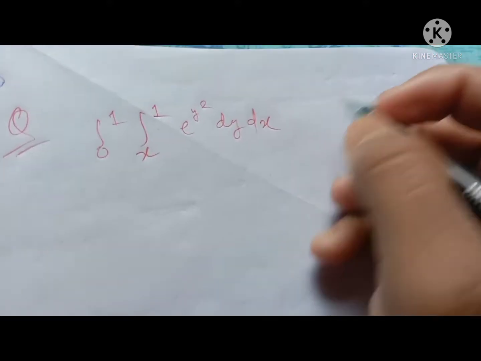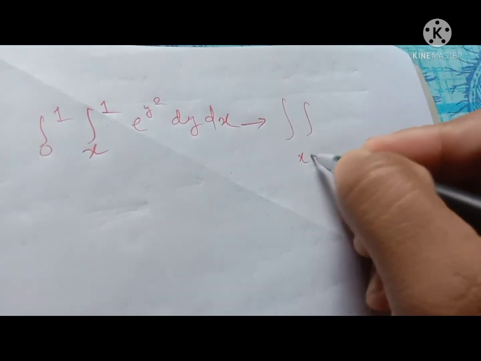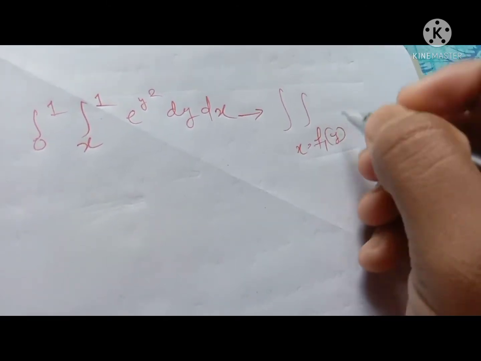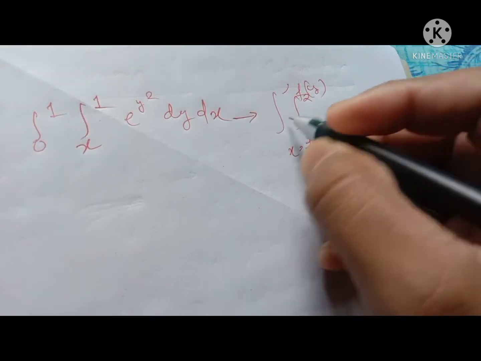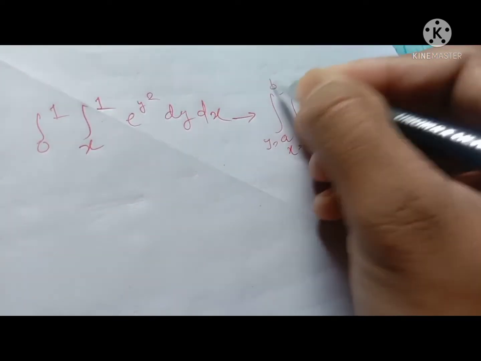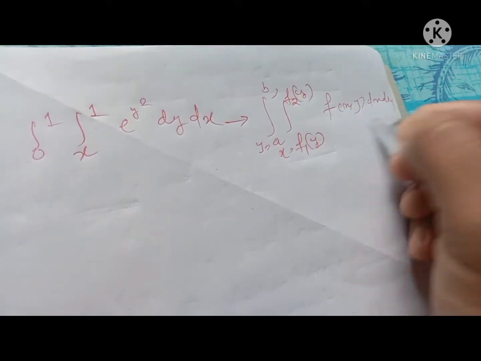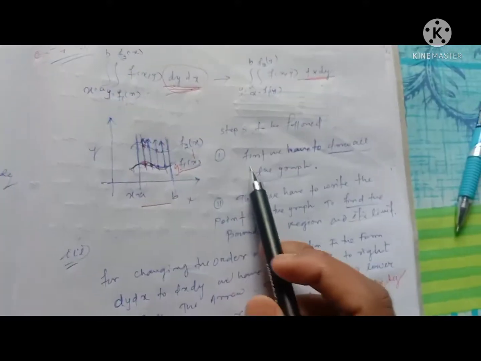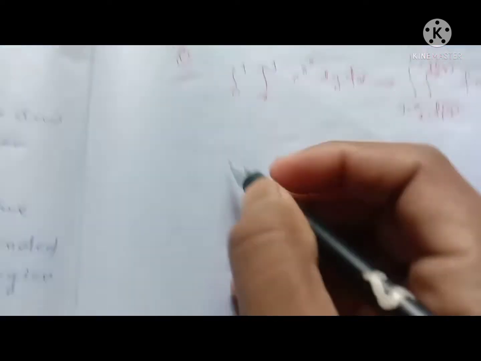Here we have to change it to the form x equal to f1(y) to f2(y), and the limit y equal to a to b, f(x, y) dx dy. As written, first you have to draw all the graph given in this question.